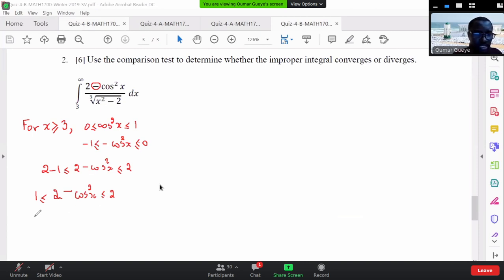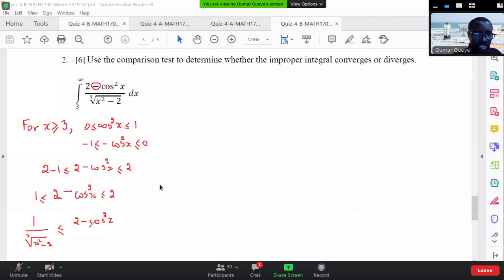So I'll get here 1 over cubic root of x squared minus 2 is less than 2 minus cosine square of x, and you divide by the same denominator.